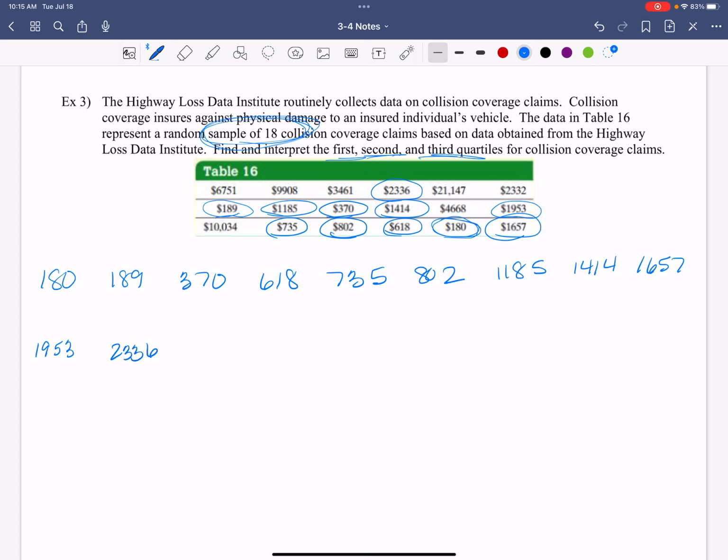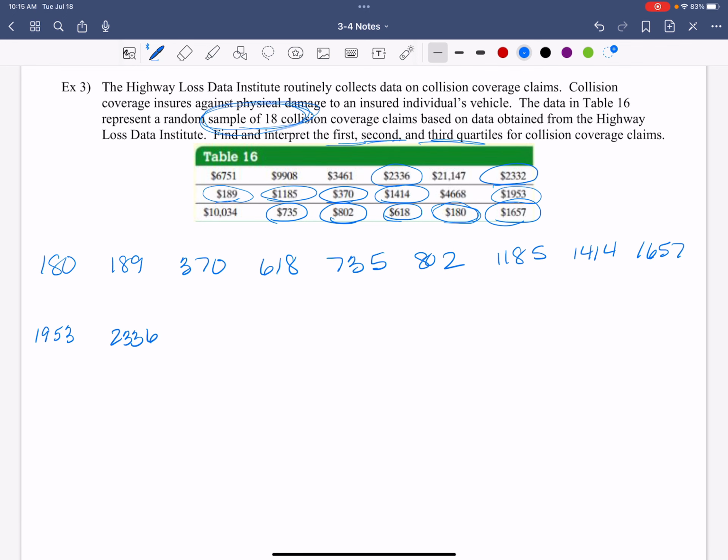2,336. Am I doing this okay? Are we hanging in there? Nope, we're not, because there's a 2,332 right next to it. So 2,332, and then 2,336. Now are we hanging in there? Make sure you're checking me.